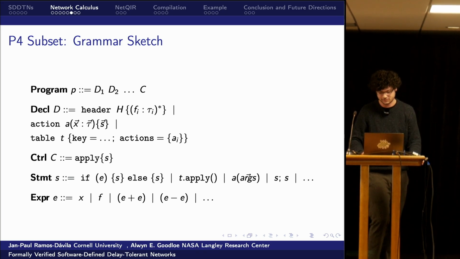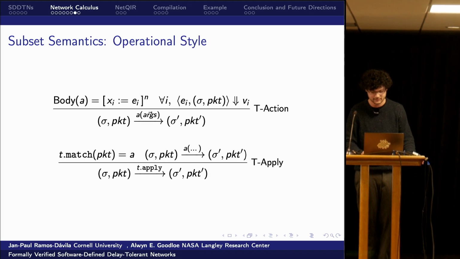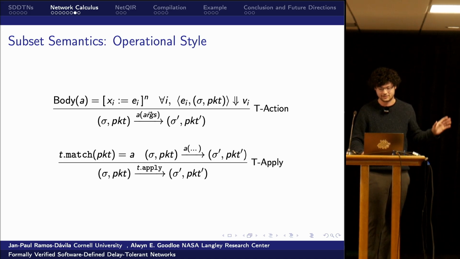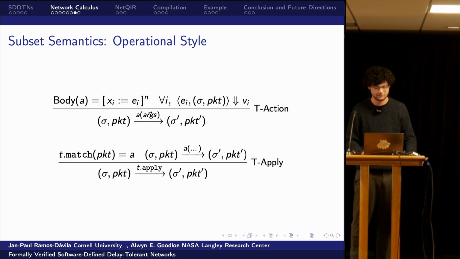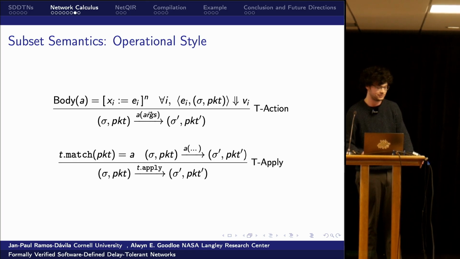Then we have the control block. So this simply applies a statement S. Then we have our generic statements for control flow and expressions for simple arithmetic. And so here are, again, simplified semantics for this subset. So what we have here, we can have a small-step operational semantics in which we have a tuple, so we have a sigma and a packet. So then in T-action, this shows how the action is going to be executed.